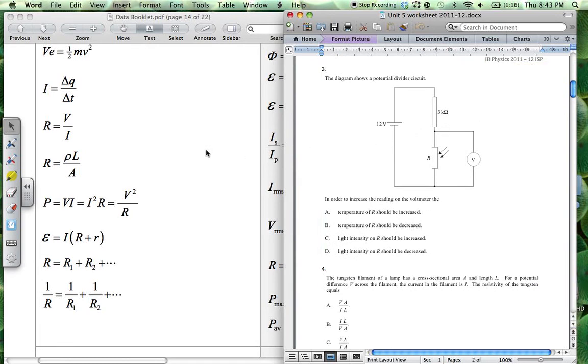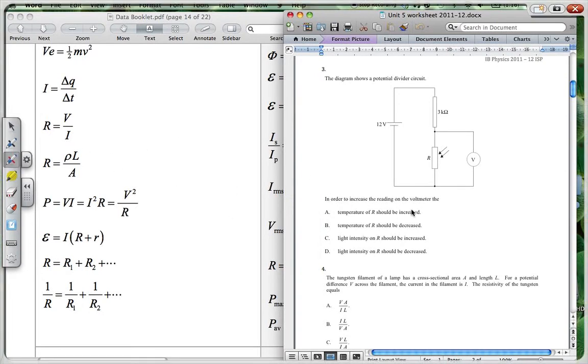We have the diagram shows a potential divider circuit. In order to increase the reading on the voltmeter, now for this one over here we're going to have D, it's going to be 3D. The light intensity of R should be decreased.